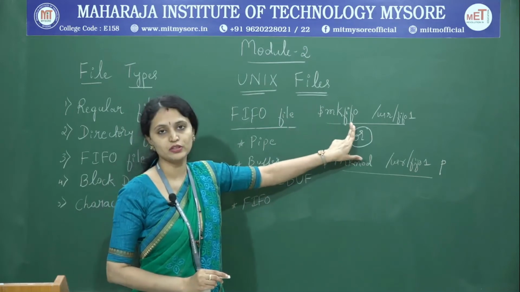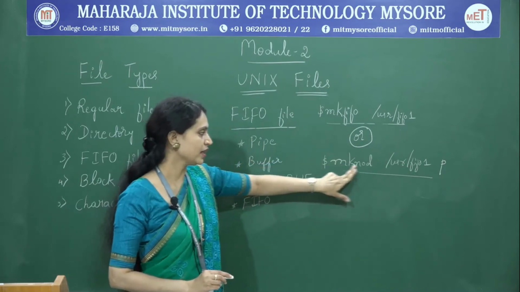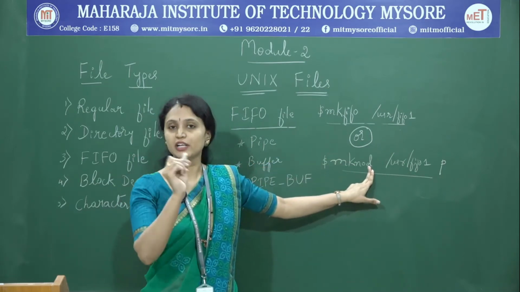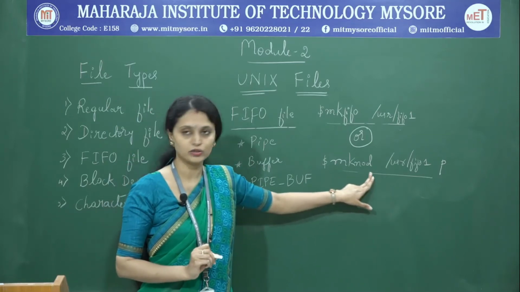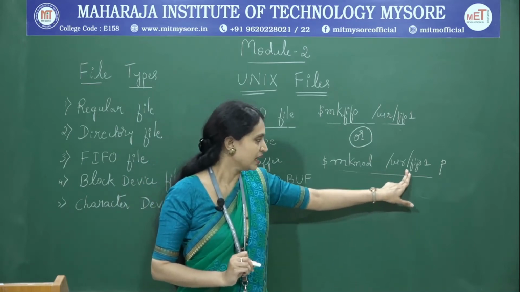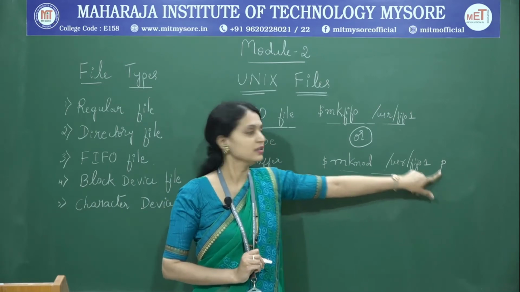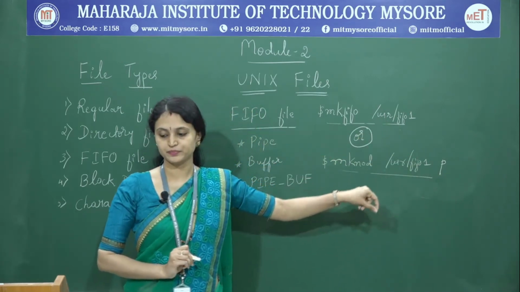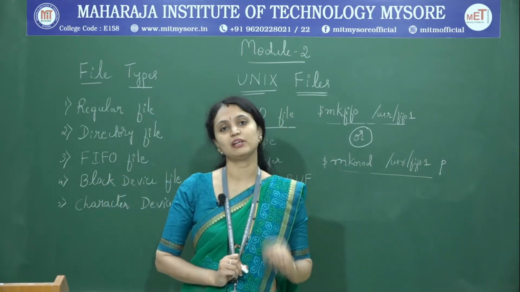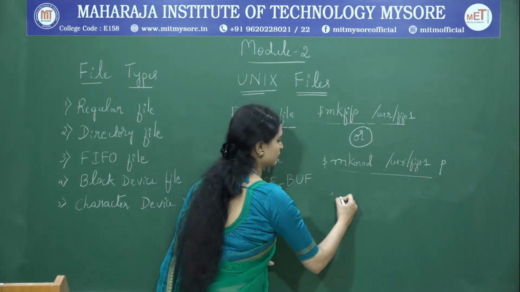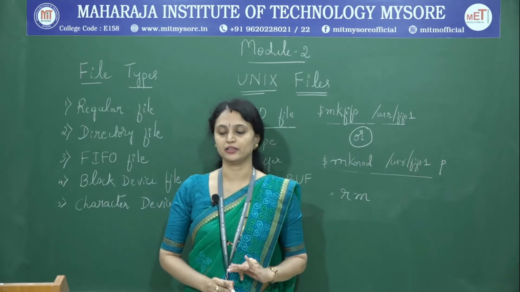One is mkfifo followed by the path and name of the FIFO file, and the second one is the mknod command. If you remember, for device files also we used the mknod command. So, here again the mknod command with the path and file name followed by P. P represents we are considering the FIFO file. A FIFO file can be removed by using the rm command.